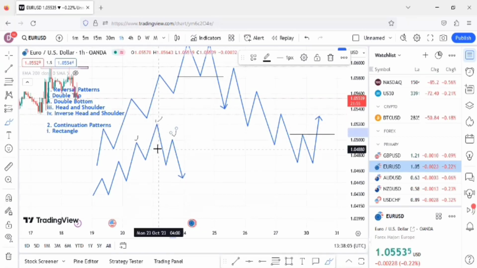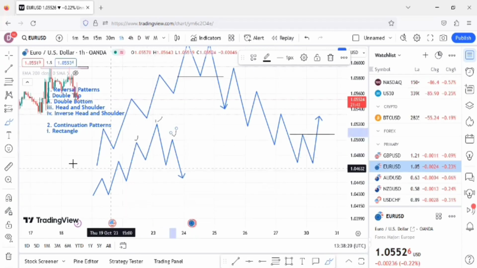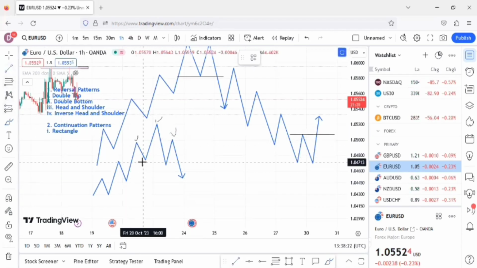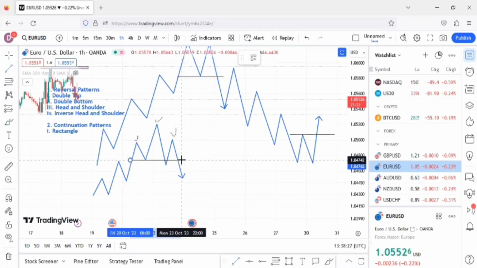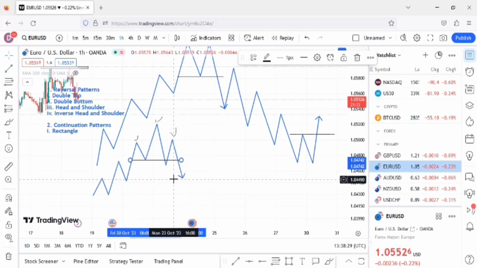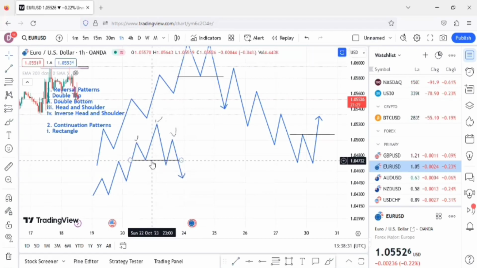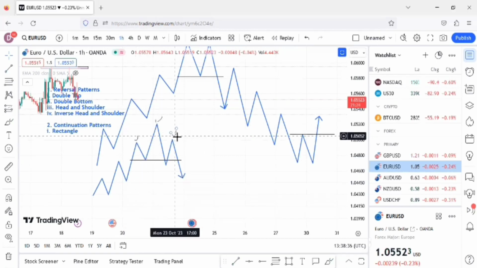It's usually found at the top of an uptrend, because the moment you see this particular pattern at the top of an uptrend, then you know there is a potential reversal. But the pattern is not completed until there is a neckline break. So we call this place a neckline. This is the left shoulder, head, and right shoulder. That's why it is called head and shoulder.